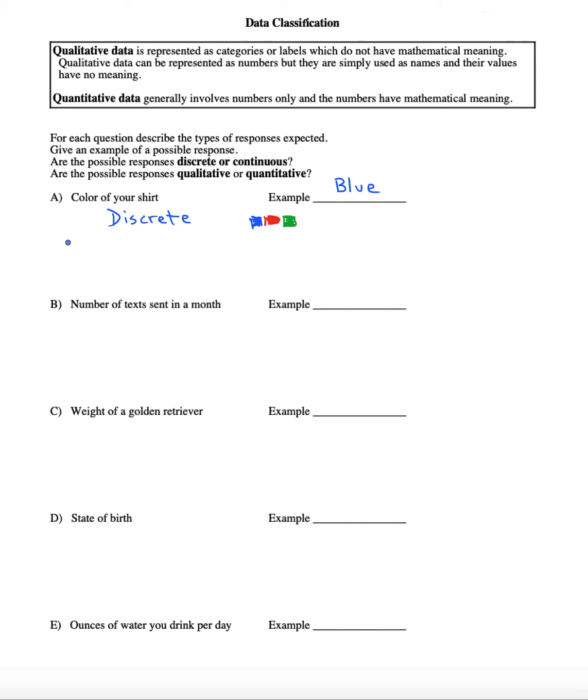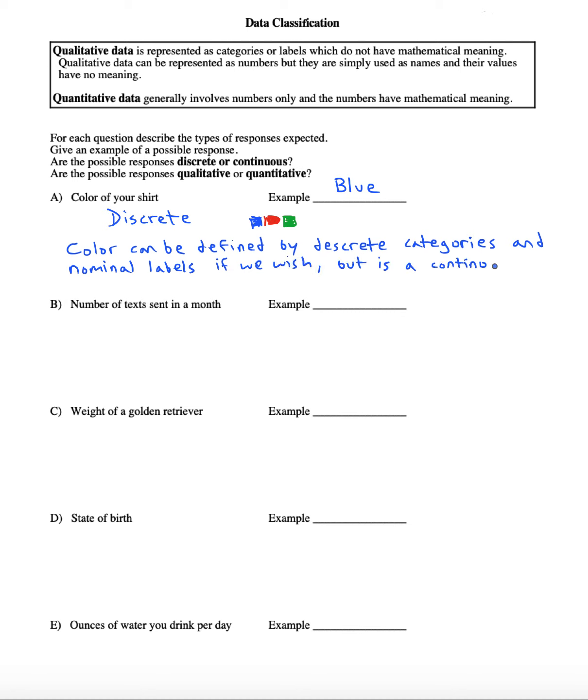So, color can be defined by categories and nominal labels, if we wish. But it is a continuous quantity.